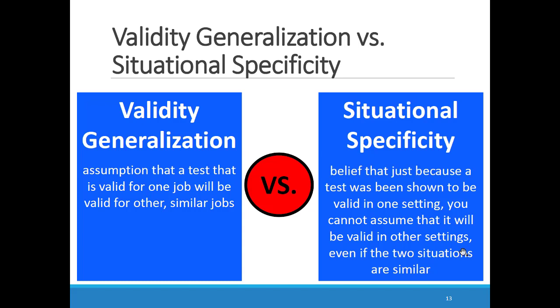So validity generalization is kind of assuming that the validity will spread or generalize to other jobs, and situational specificity is referring to the belief that just because a test was shown to be valid in one setting, you cannot assume that it'll be valid in other settings, even if the two situations are similar.